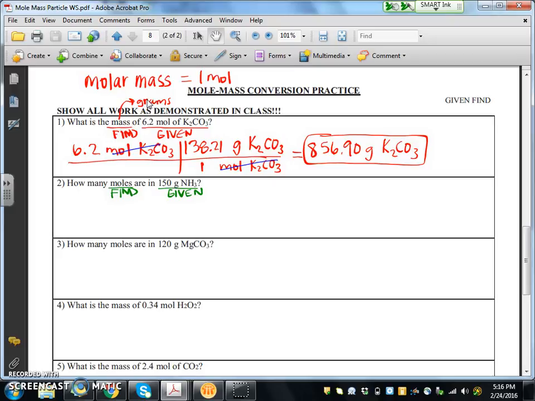I always start my T-chart off with what is given to me, 150 grams of ammonia. Because I have grams of ammonia at the top of my T-chart, I'm also going to put grams of ammonia at the bottom. And I'm looking for moles. So I know that my answer will have moles of ammonia.